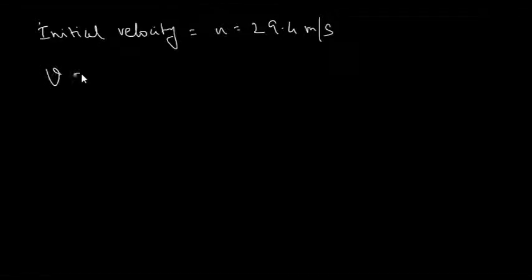Final velocity v is equal to 0. At maximum height, the velocity of the ball becomes 0. Acceleration due to gravity, a is equal to minus g, which is equal to minus 9.8 meter per second square.